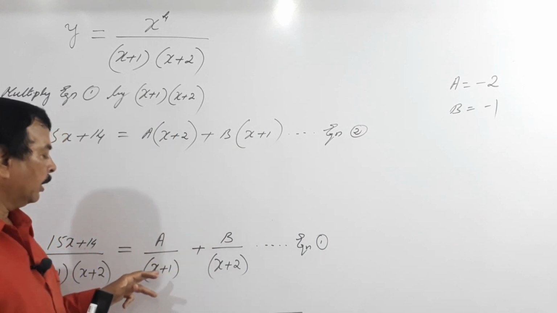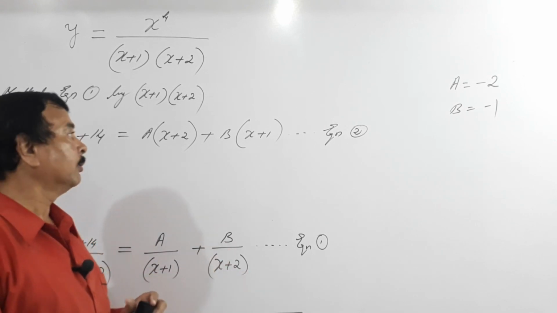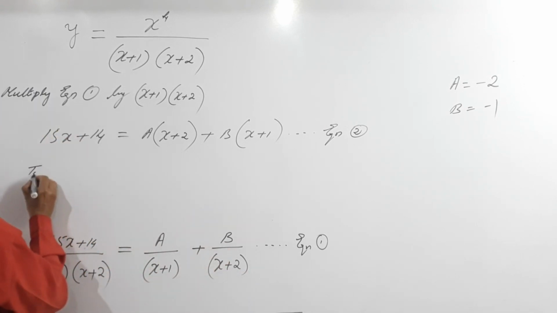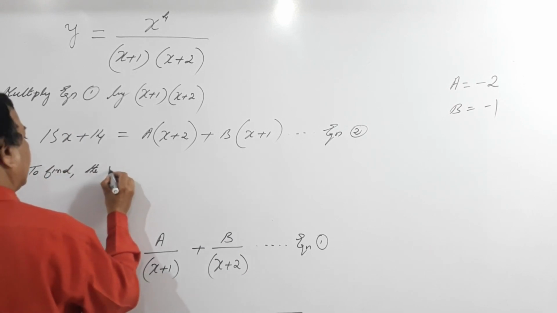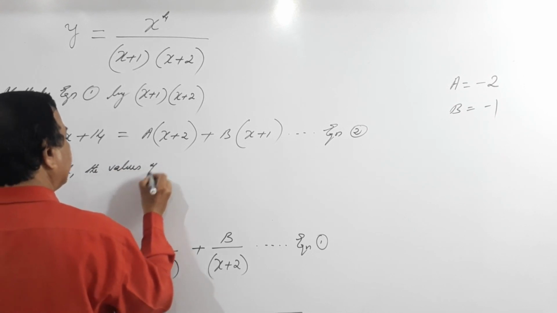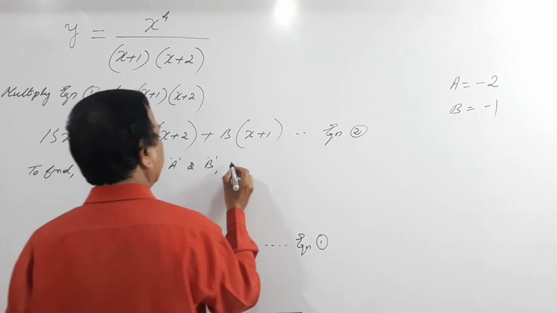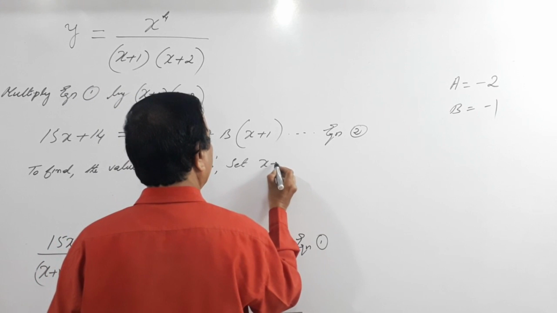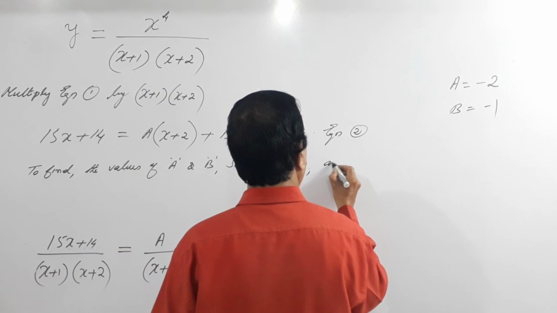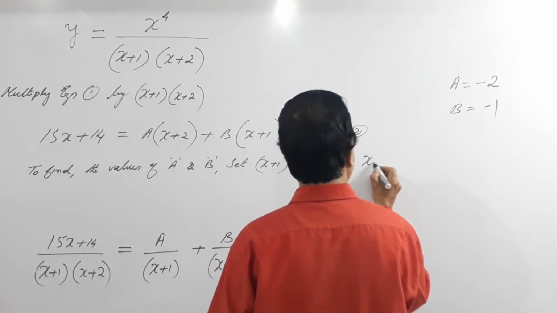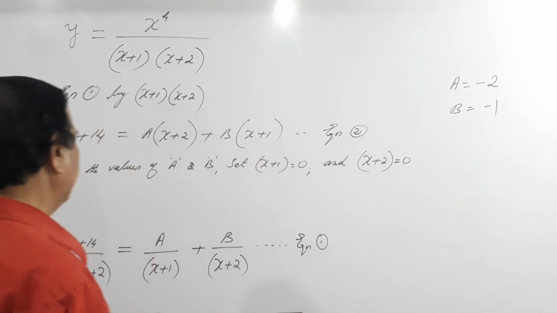So what I'll do, I'll set the denominators x + 1 equals 0 and x + 2 equals 0, to find the values of a and b. So what happens here?